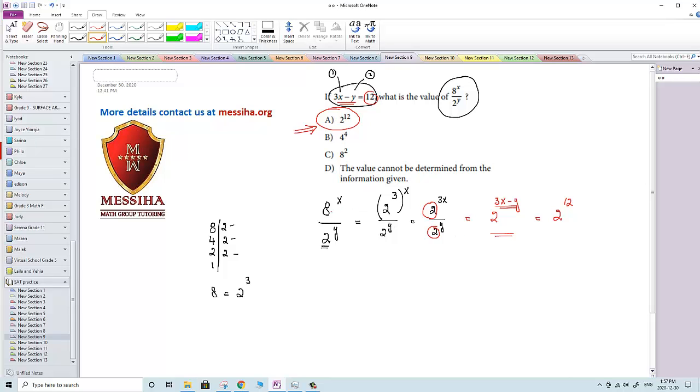You have to try changing the 8 to a base 2 to the power of something else, and when you do the exponent law for division, you subtract the exponents, so it's going to be 3x minus y, and we have already 3x minus y equals 12. It's given already, so this is the right answer.